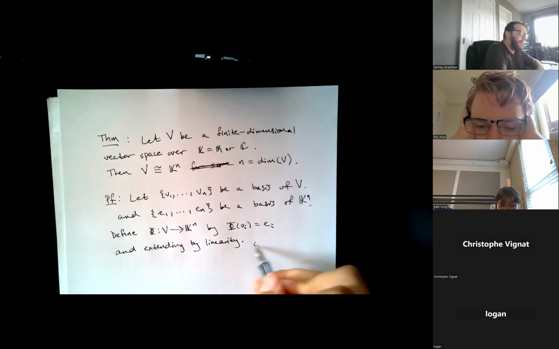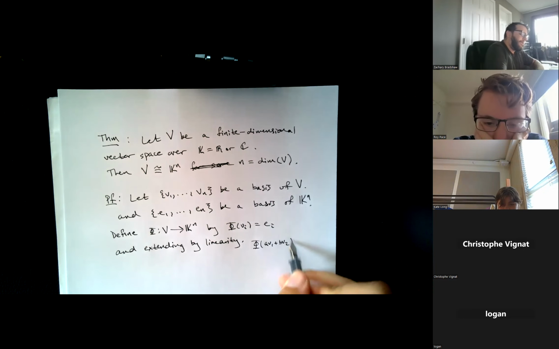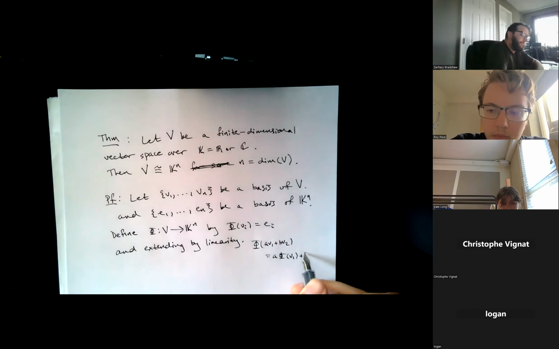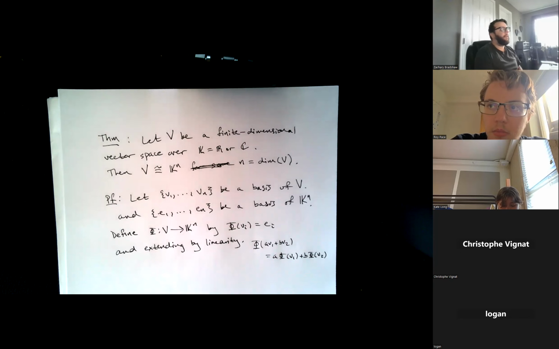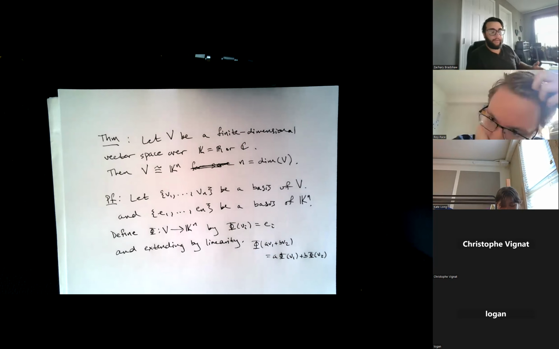So if I have phi of a v1 plus b v2, I want this to be a phi of v1 plus b phi of v2. So we're just going to define the map that way, right? And we get linearity for free. Okay, so phi is linear by construction. All we have to do is show that it's a bijection.